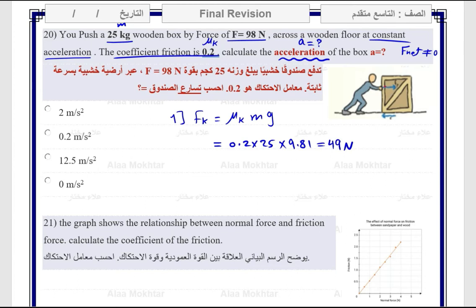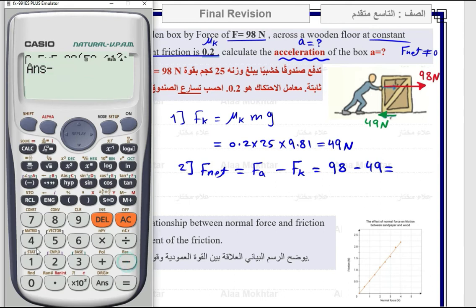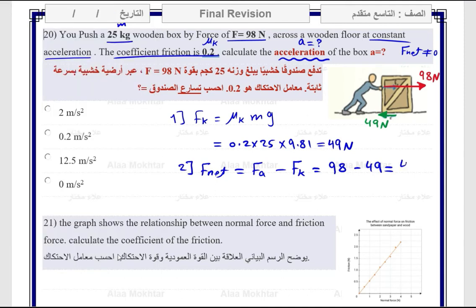But I push with 98 Newton and the kinetic friction is only 49 Newton, so we can calculate F net. Is it correct? F net equals the right force minus the left force, 98 minus 49, the answer will be 49 also.